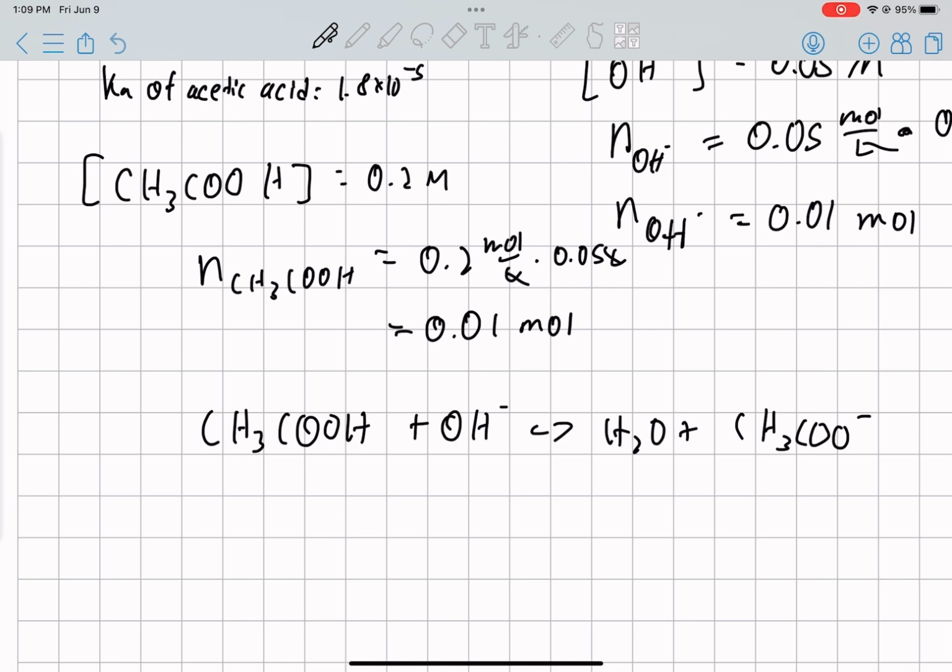Now, we have a weak acid reacting with a strong base. This results in water and also a strong conjugate base.